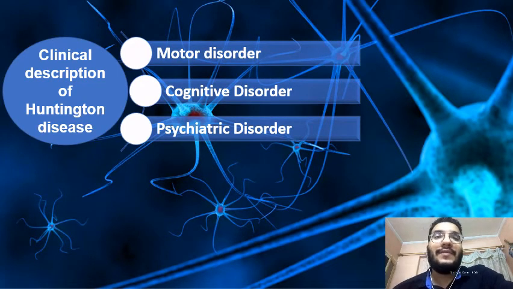Cognitive impairments often associated with Huntington disease include difficulty organizing and focusing on tasks, difficulty learning new information, lack of awareness of one's own behaviors and abilities, and slowness in processing or finding words.